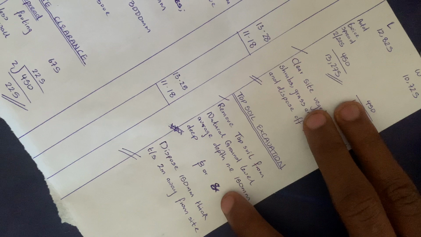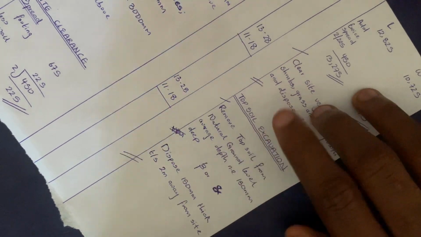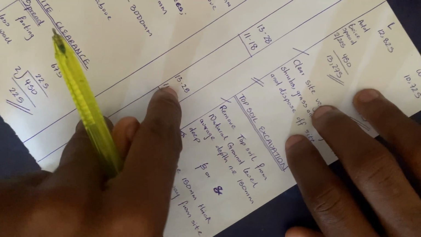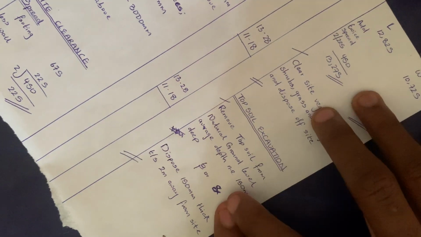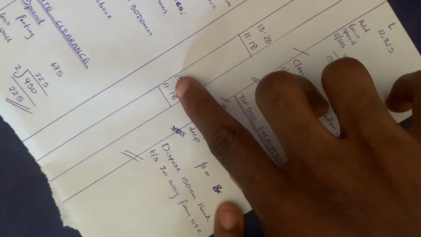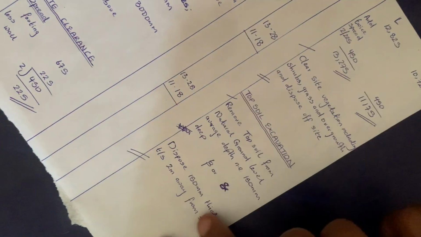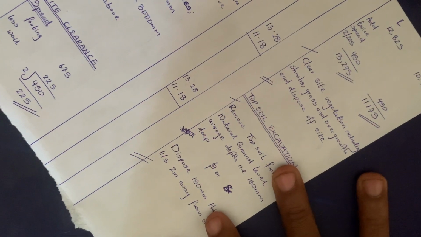This is the easiest way to go about it than coming to write disposal of topsoil again and then describing and then bringing this same measurement we've calculated down here. So we will just adopt this method because the same measurement we are using for removal of topsoil is the same measurement we are going to be using for disposal of topsoil. That is why we join the two together.